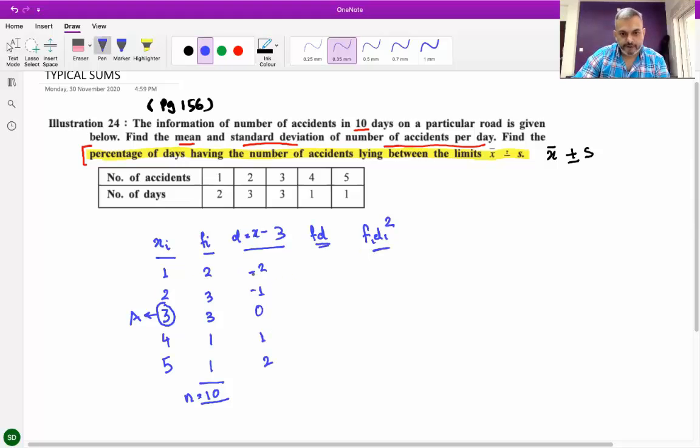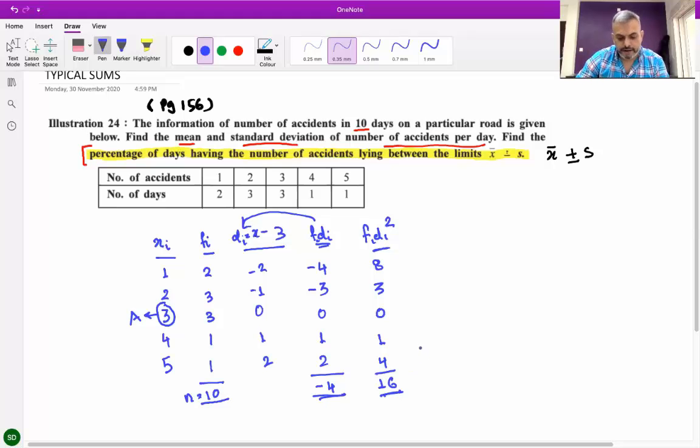F into d: minus 4, minus 3, 0, 1 and 2. So 3 cancels, total minus 4. And fi di square is fi di into di: 8, 3, 0, 1, 4. Total: 8 and 3 is 11, 12, 16.